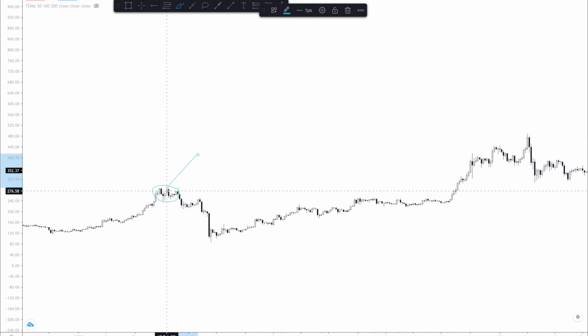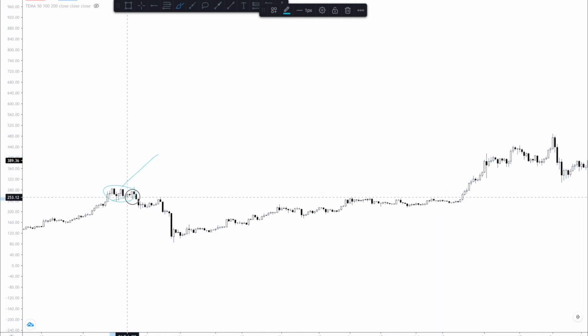The candles are very small and the price is moving sideways. Then we have an impulse. Then again the price started to move sideways and here there are mixed colored candles. The candles are small. So all the three confirmations tell us that this is a correction.